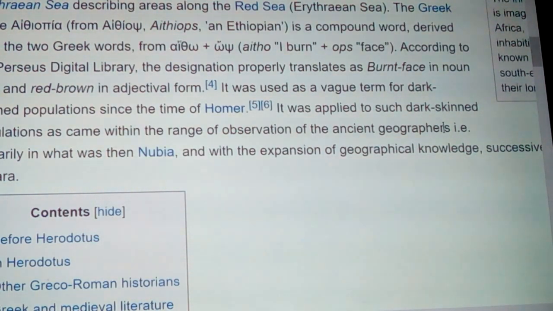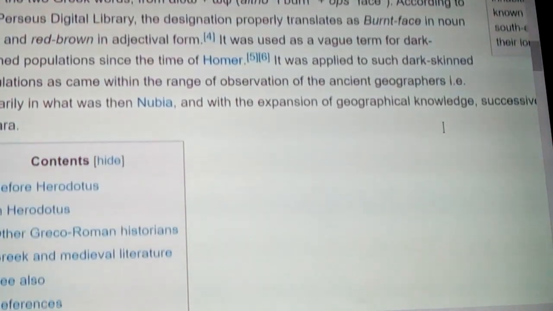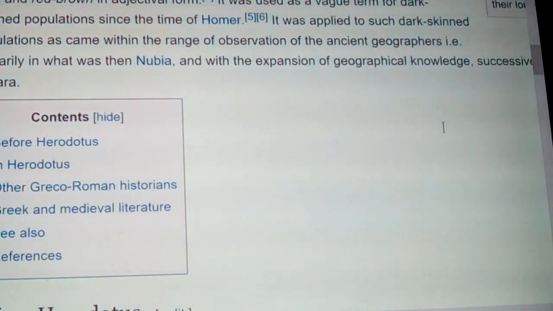So India is called that too, and people out in Yemen, anybody around there, you know, you cross the Tropic of Capricorn and start going down towards the equator, and you're going to have this effect. But anybody from there to actual black people, it was applied to such dark-skinned populations as came within the range of observation of the ancient geographers, primarily what was known then as Nubia, and with the expansion of geographical knowledge, successively the Sahara.